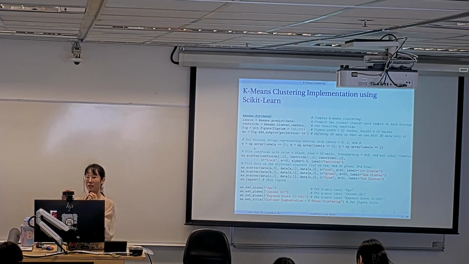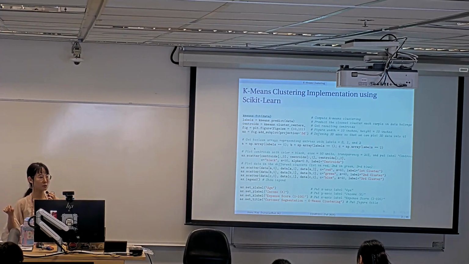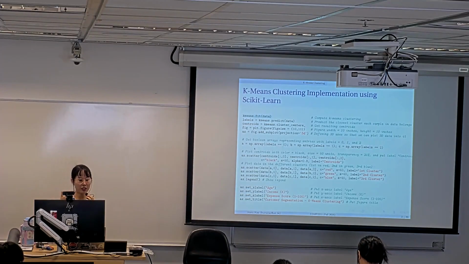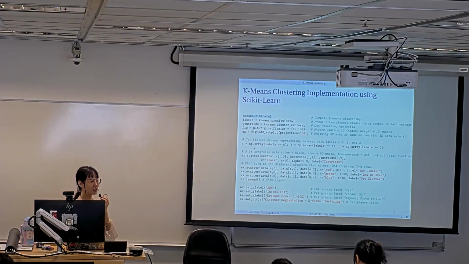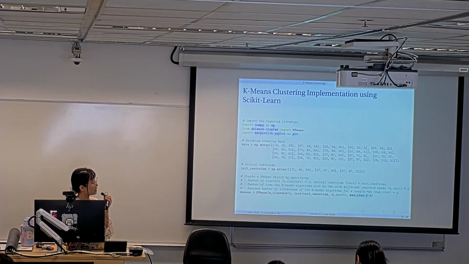It will perform the computations we have manually done before. It will iteratively compute the distances, assign the data points to different clusters, and then recompute the centers until the stopping criteria. In this case, the stopping criteria is indicated here: we already set the max iteration to be 4.